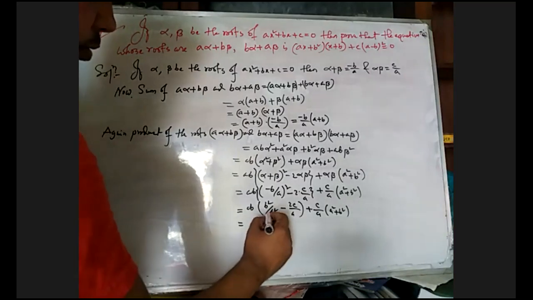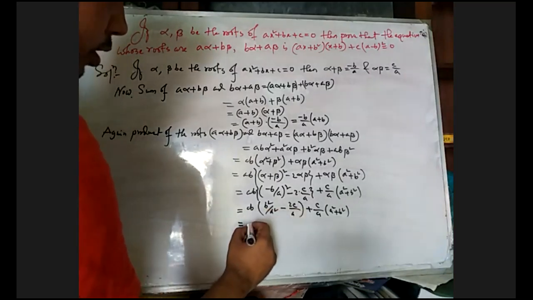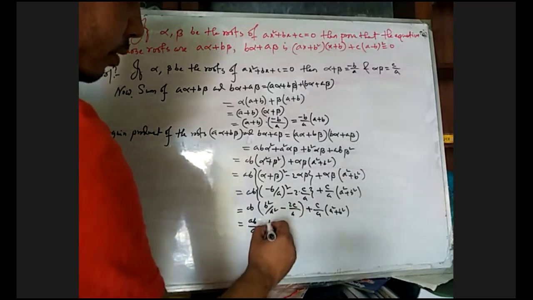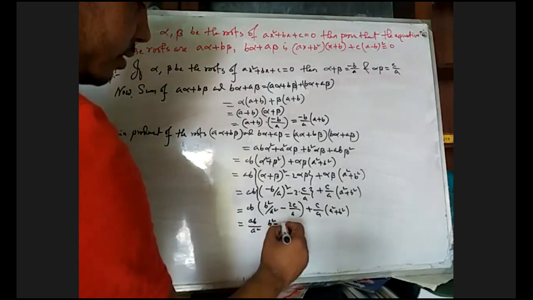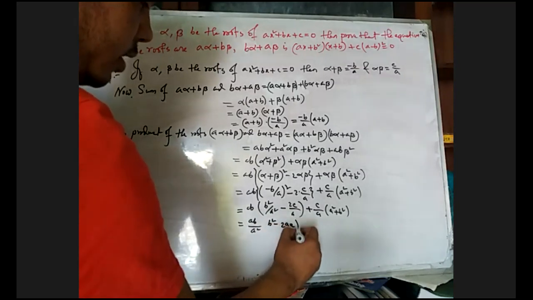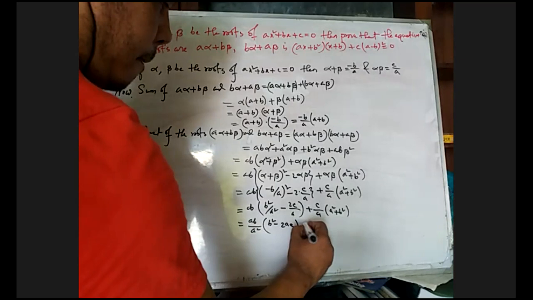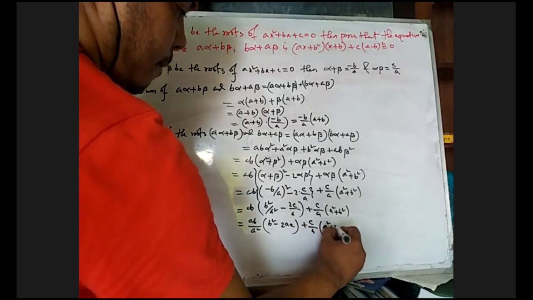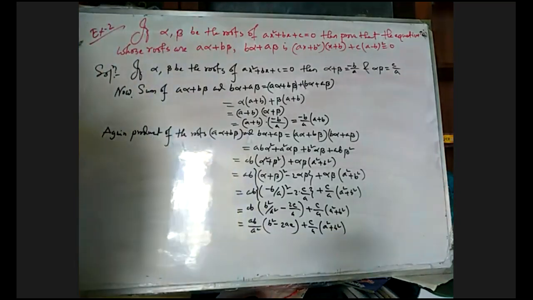This equals, taking a square common, a square plus LCM, b square minus twice ac, a square plus b square.